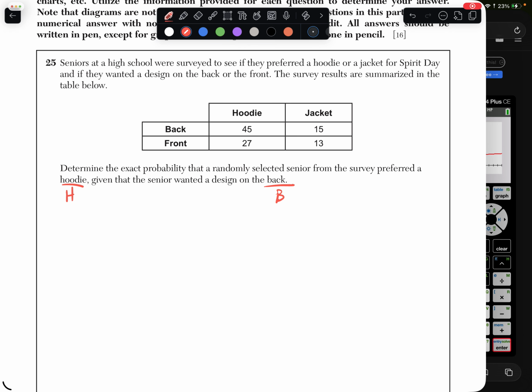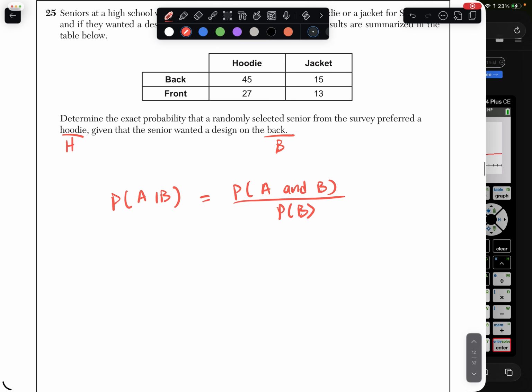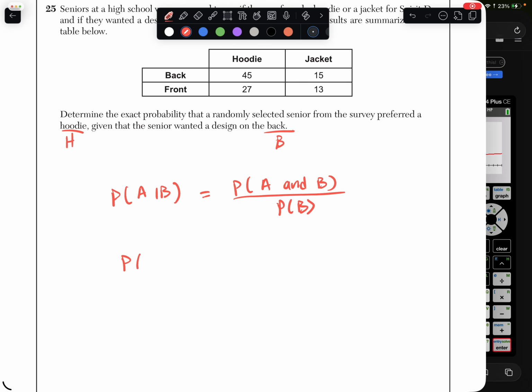When we have P of A given B, that is P of A and B over P of B. And in this case, we have P of H given B, hoodie given back. So we need P of H and B over P of B.